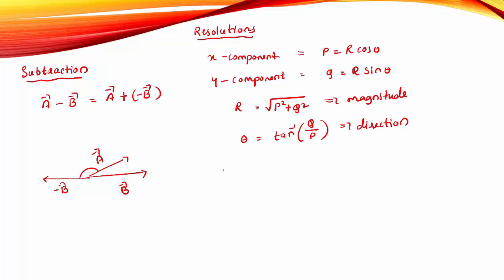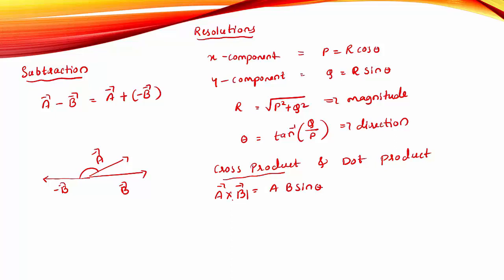The next very important topic is cross product and dot product. Yes, we know that cross product means a vector whose magnitude is equal to the product of the magnitudes of two vectors and the sine of the angle between them. Generally it is given by the equation vector A cross vector B is equal to AB sin theta.